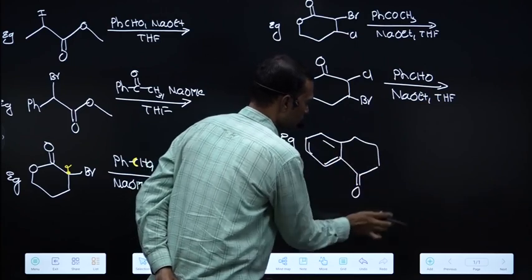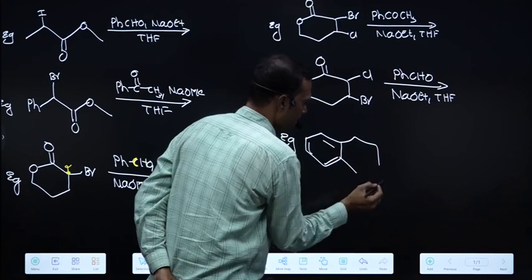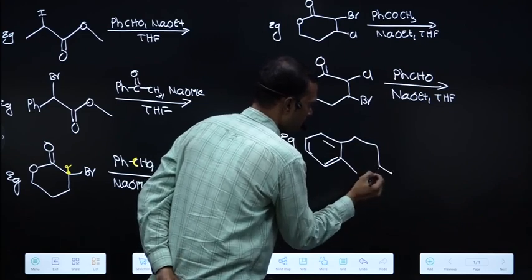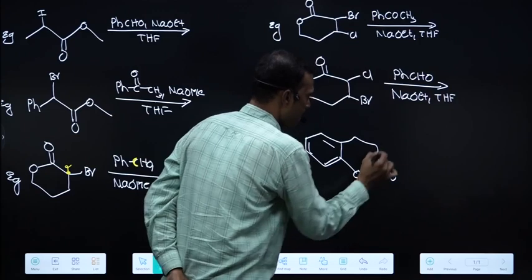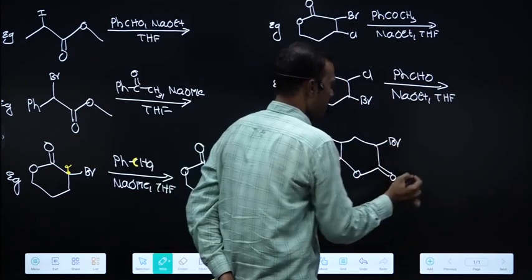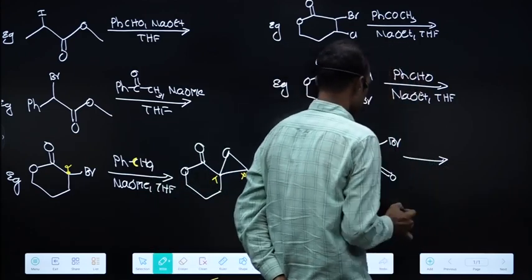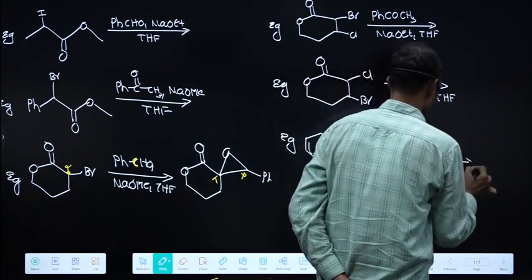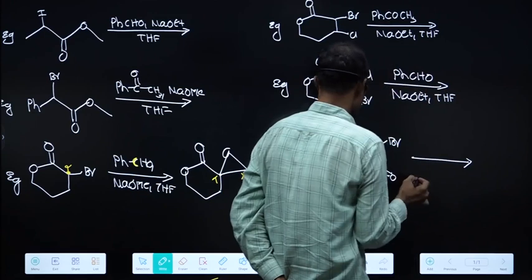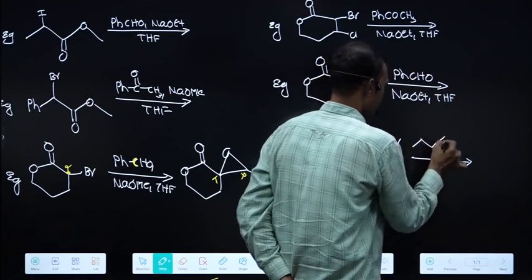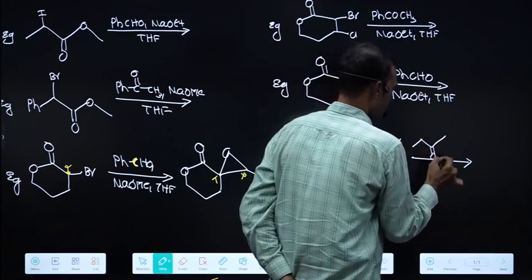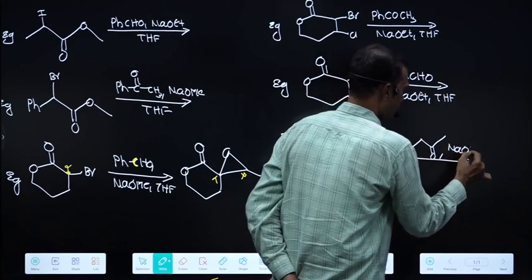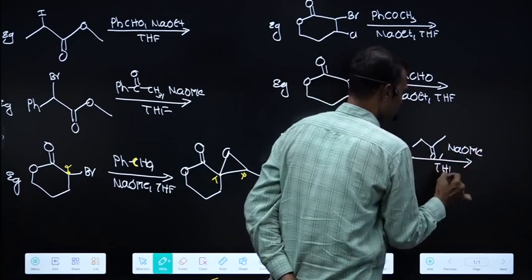This is C double bond O. NaOMe, THF. What is the answer?